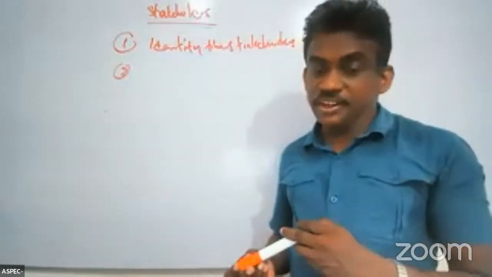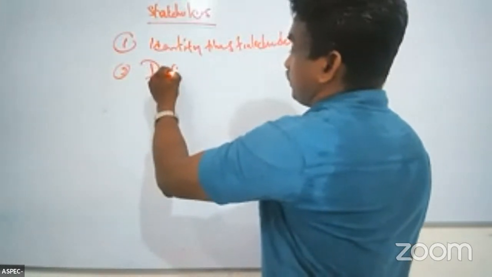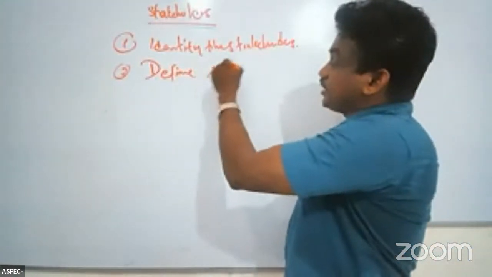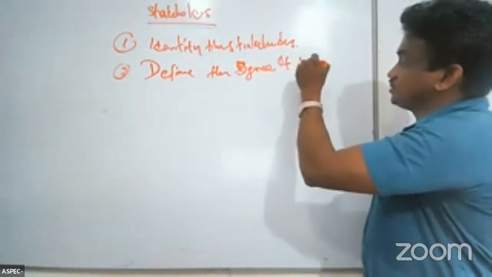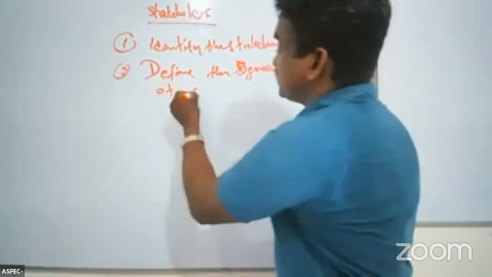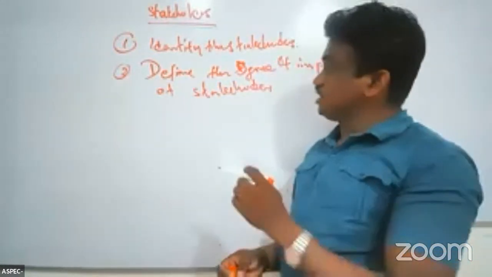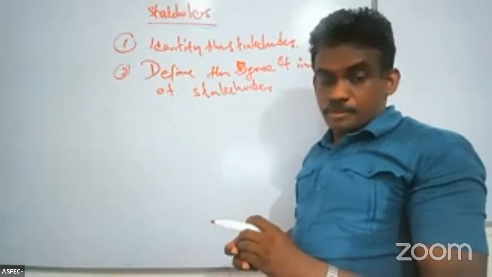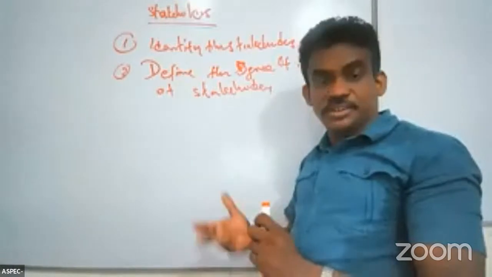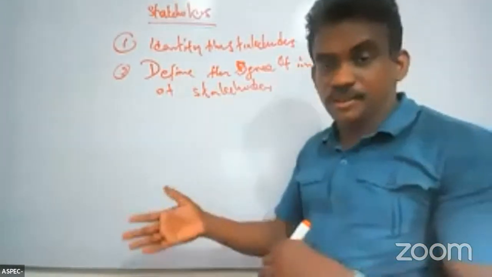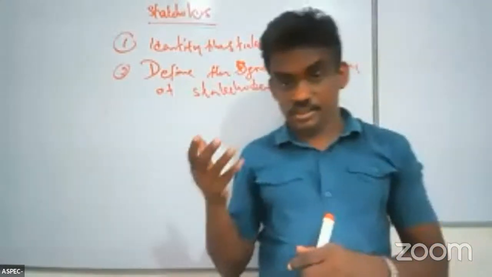Then define the degree of importance of each of the stakeholders. This is the second one: identify, and define the importance of the stakeholders. As I told you earlier, it is important to identify the stakeholders, then define the degree of importance of the stakeholder.